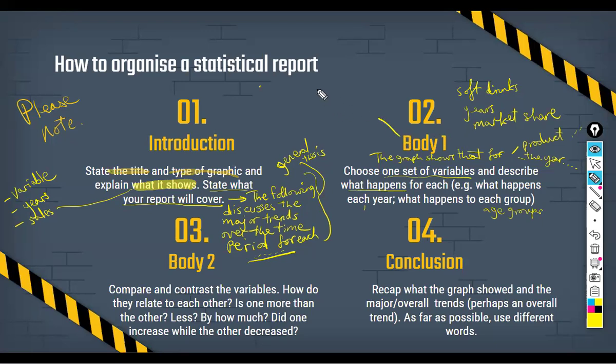So I'm going to put here, 1 or 2 paragraphs, where you're just focusing on summarizing what the variables show. Any questions about that? Anybody confused?